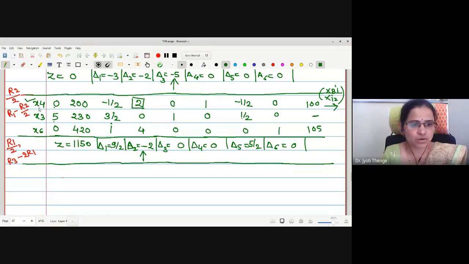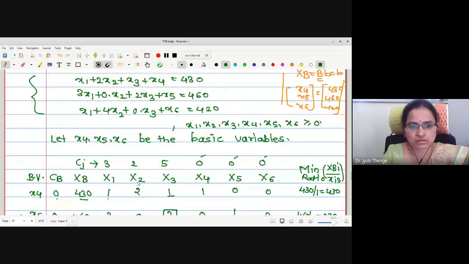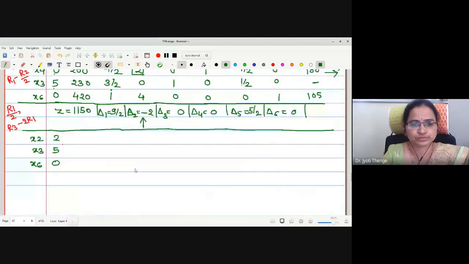What are the basic variables now? Instead of x4, now we have x2, x3 and x6. Now what is the cost of x2? It is 2, so this is 2, 5 and 0. Check the cost of x2 is 2.